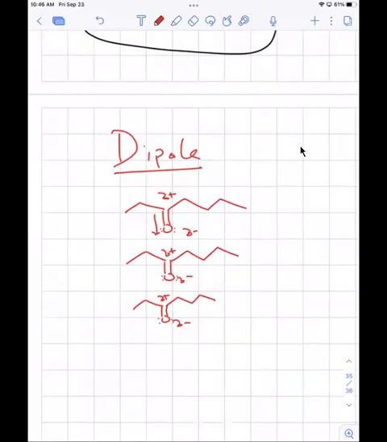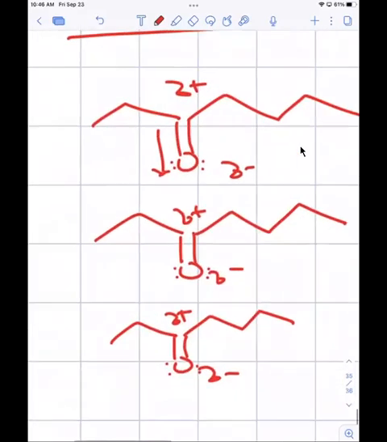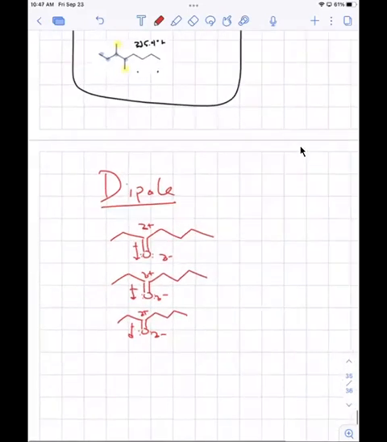because the charges are greater, right? These are not micro dipoles, these are actual polarized bonds, right? So you would have a dipole for each one of these. And again, it's really tempting to think about these molecules in isolation, but we're talking about having a beaker full of these molecules, right?